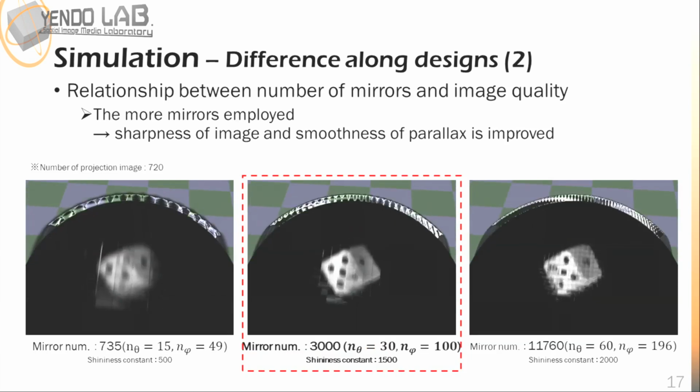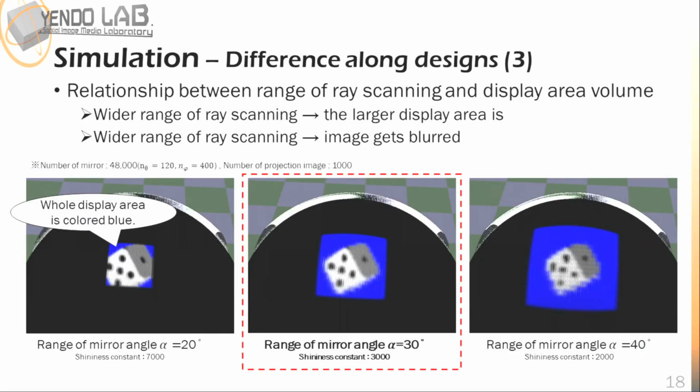In this simulation, we identify the effect caused by the number of mirrors. A smooth parallax and better image quality are achieved by employing a large number of mirrors. In this simulation, the relationship between the range of mirror swinging and image volume is identified.